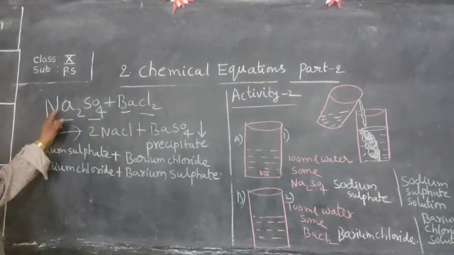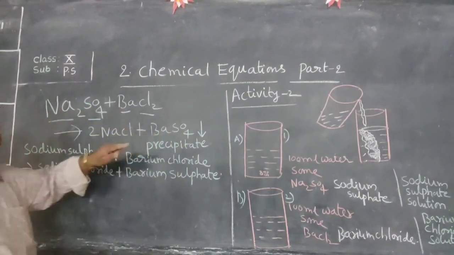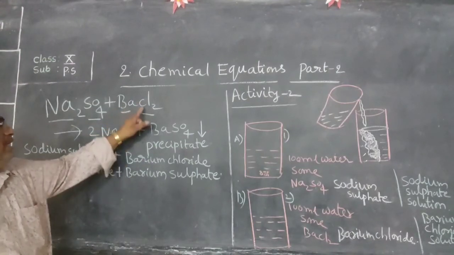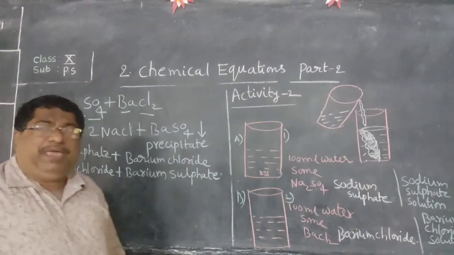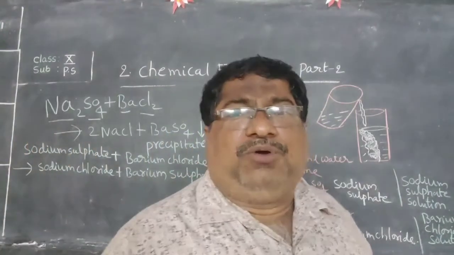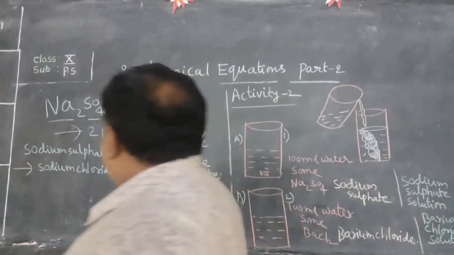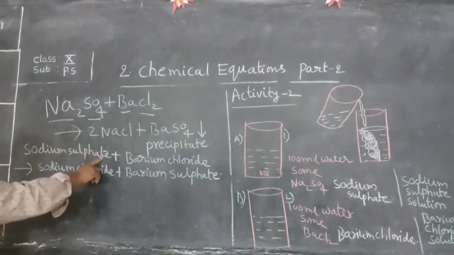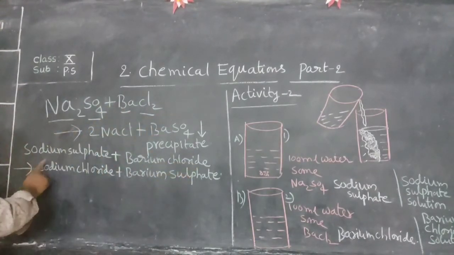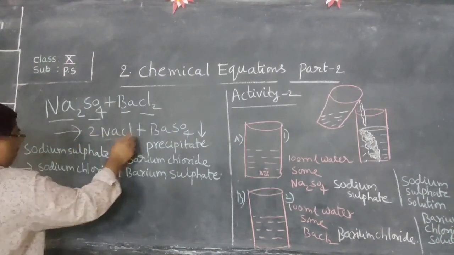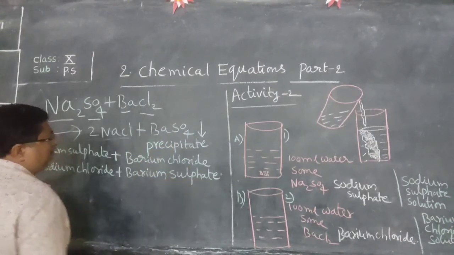See the balance: Na2 to Na, SO4, Ba, Cl2 to Cl. Now the equation is balanced. This is called sodium sulfate plus barium chloride gives rise to 2NaCl, sodium chloride, and BaSO4, barium sulfate.